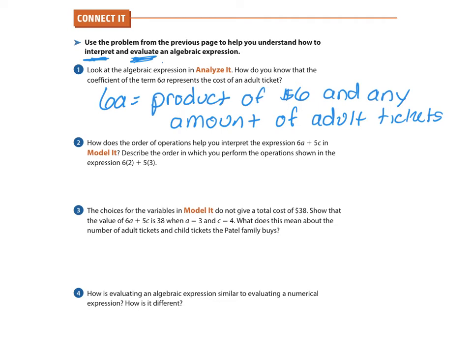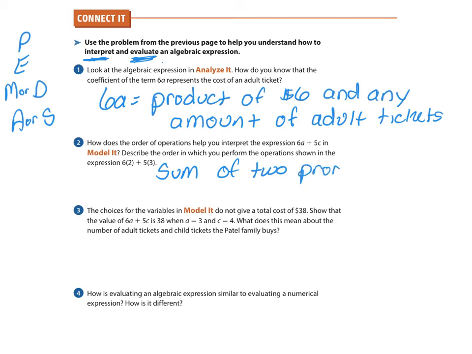So order of operations, remember, PEMDAS is one strategy, one acronym you can use: parentheses, exponents, multiplication or division, addition or subtraction, working left to right. So we knew that this problem is the sum of two products. So when we're looking at this, the sum is that addition sign, 6 times A and 5C.